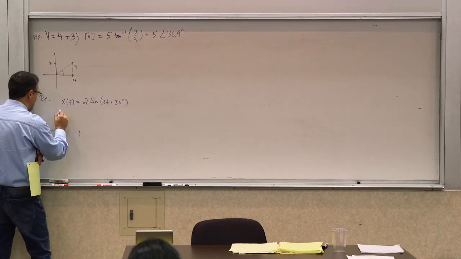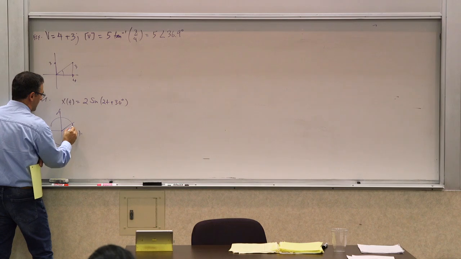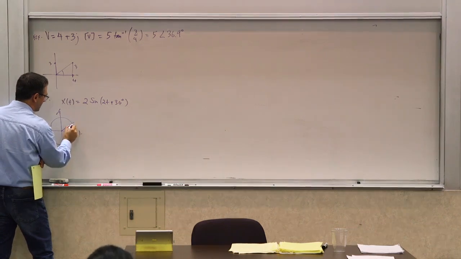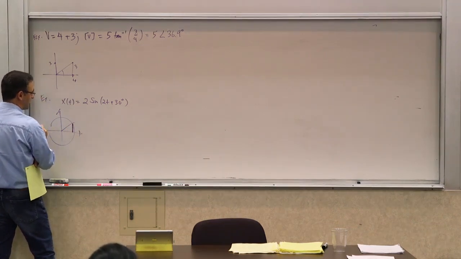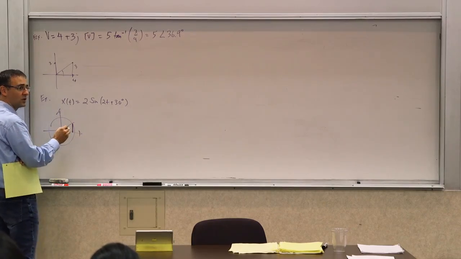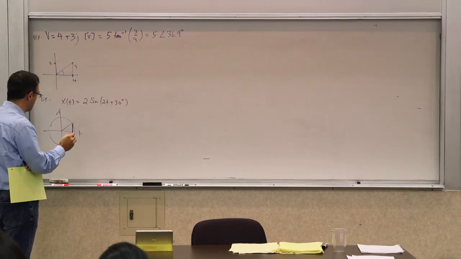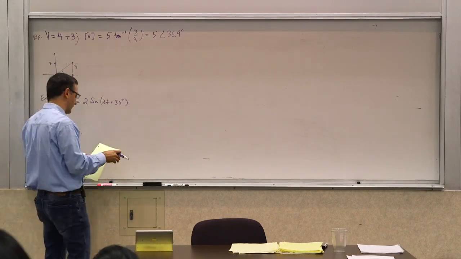So what happens is that, think about this. This is sine of some function. I want to find a cosine associated with that. So what do I do? What's the best way to convert this to a cosine?